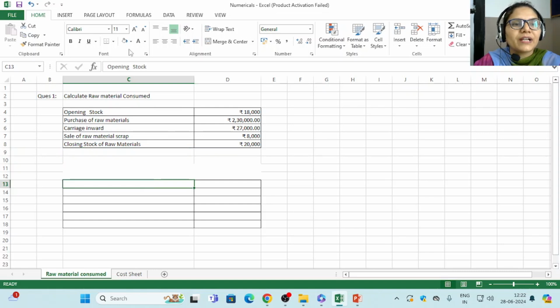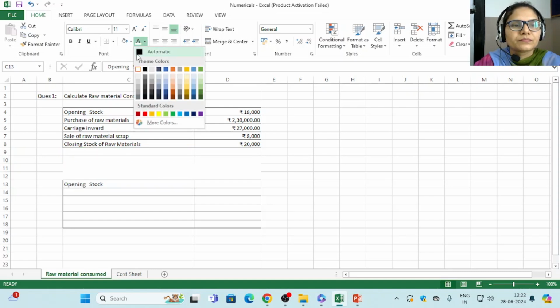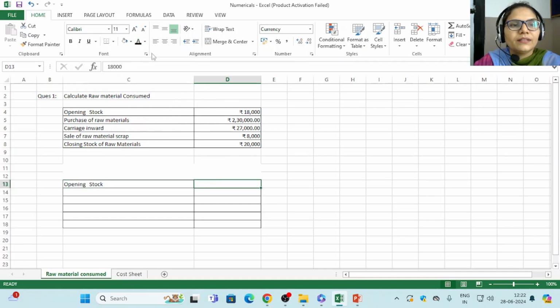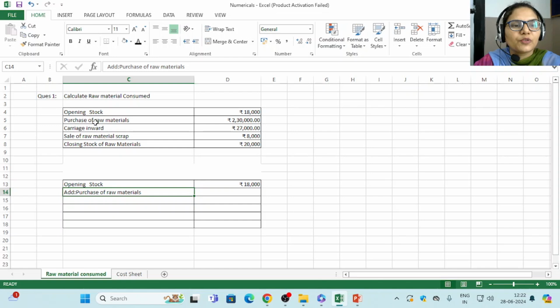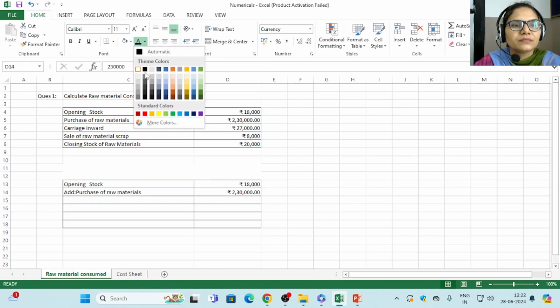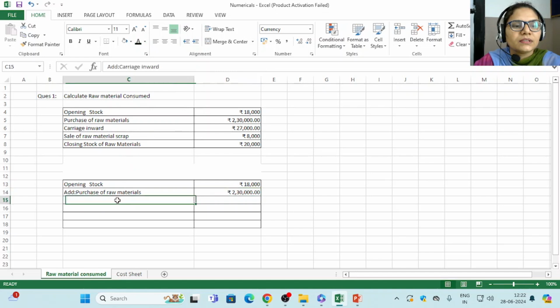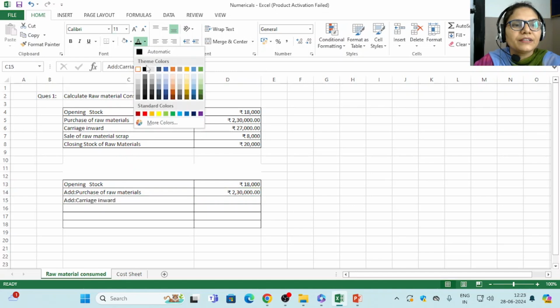First of all, we will write opening stock, that is rupees 18,000. Next, we will add purchase of raw material, which is given rupees 2,30,000. Then we will add carriage inward.